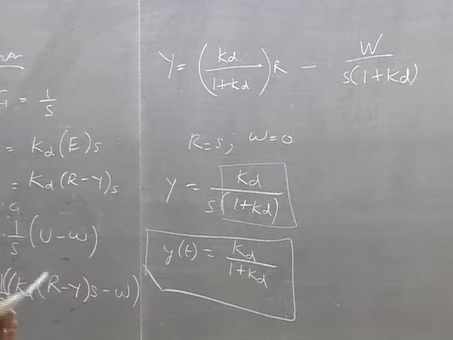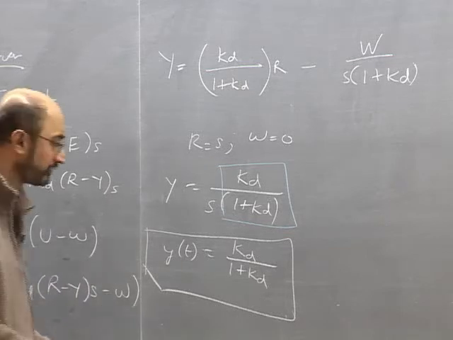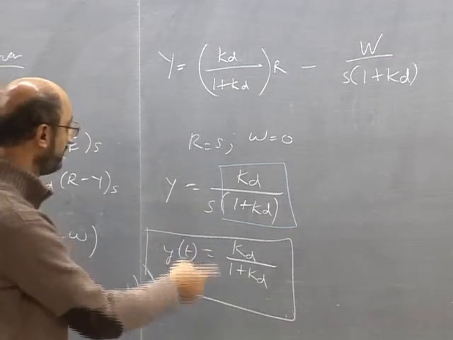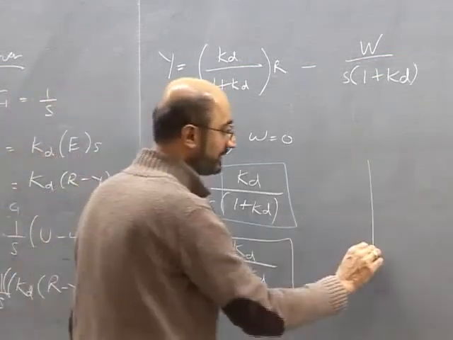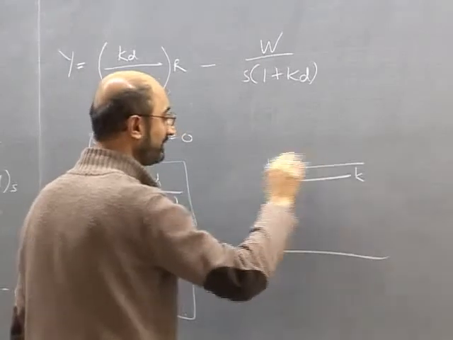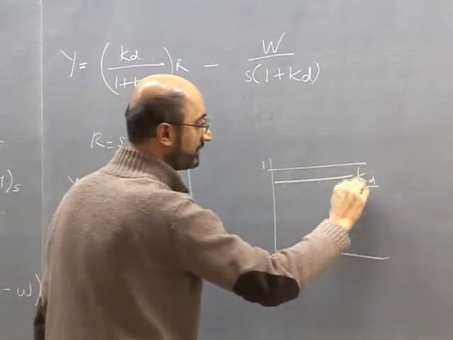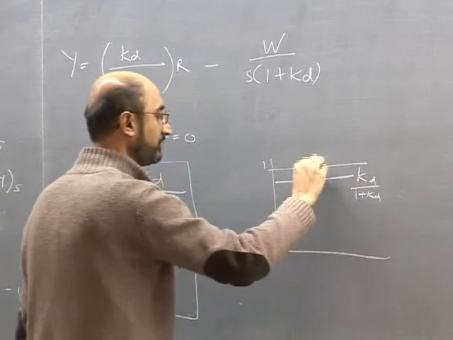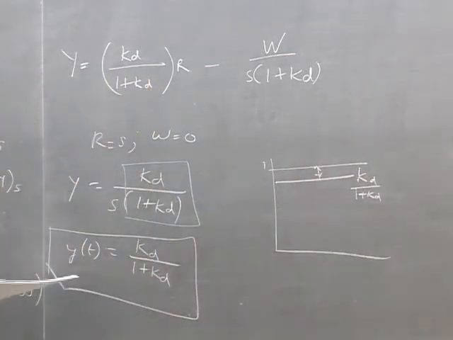Now, for the steady state error, we're giving it an input of 1, and the output is KD over 1 plus KD. So there's always going to be a steady state error, because the input is 1 and the output is this.